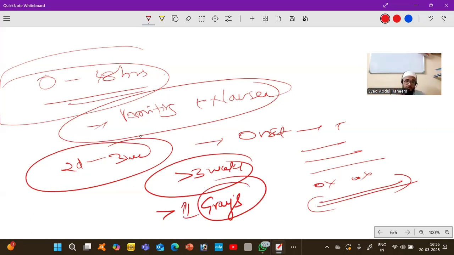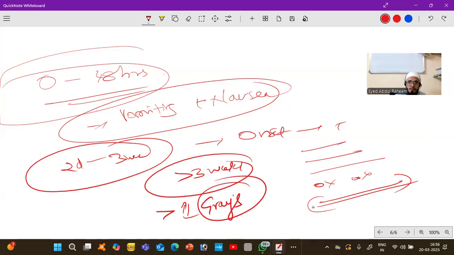But some radiation is different, we'll discuss that. But after one gray, the body will start showing these types of symptoms. So this is a very important thing we have to remember.